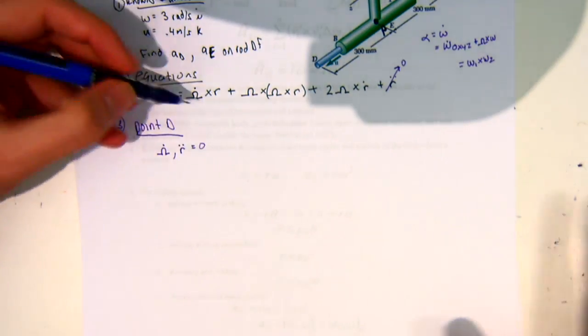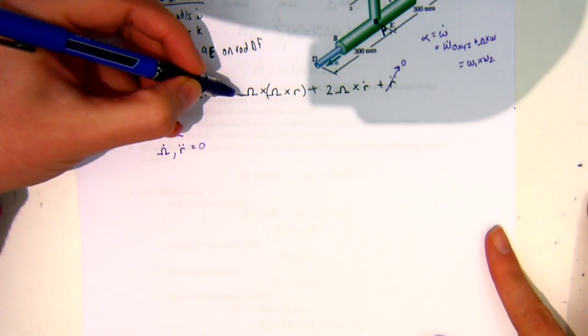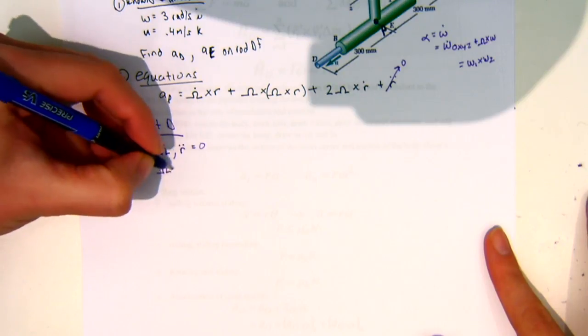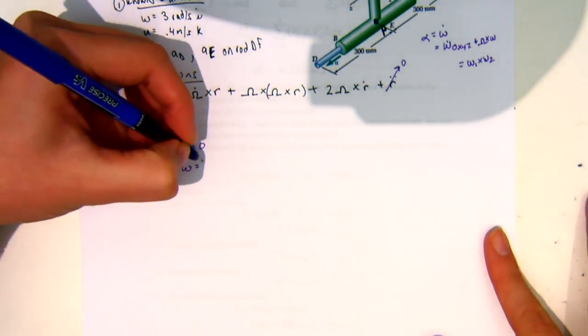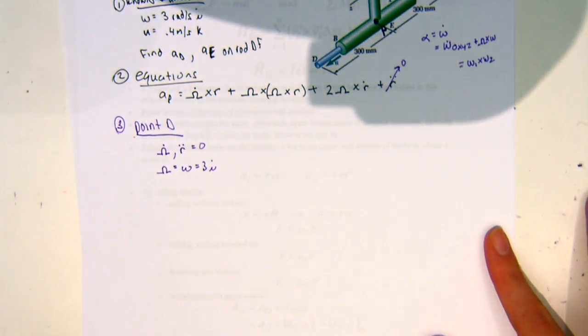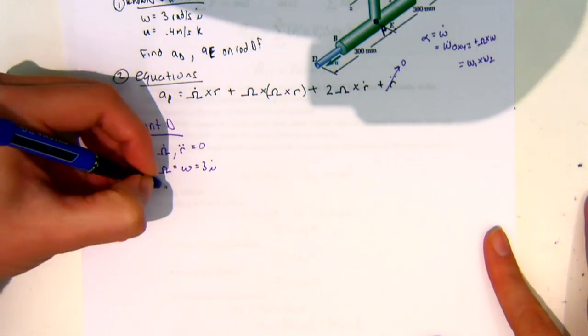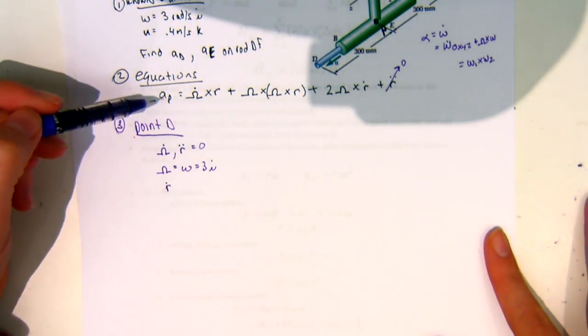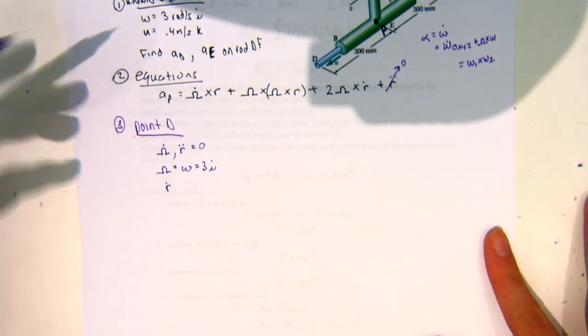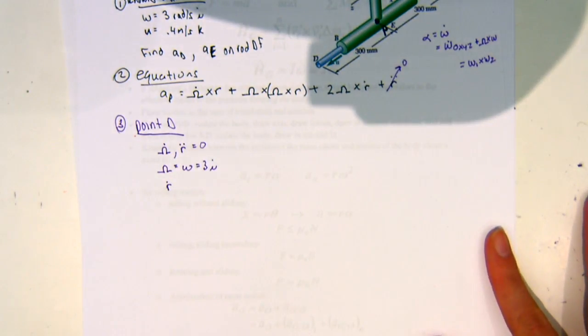And then for this one, we can say that our big omega is just that omega, which is 3i. Then for our r dot, the way I solve these is I always write this really long equation out, and then I go back and find all the components that I need for that equation.